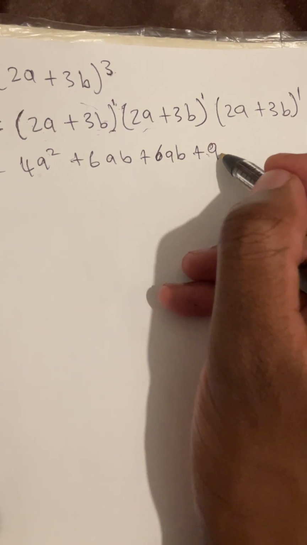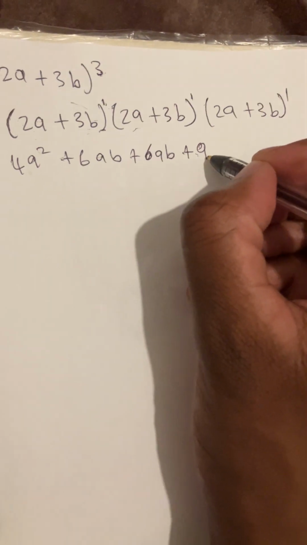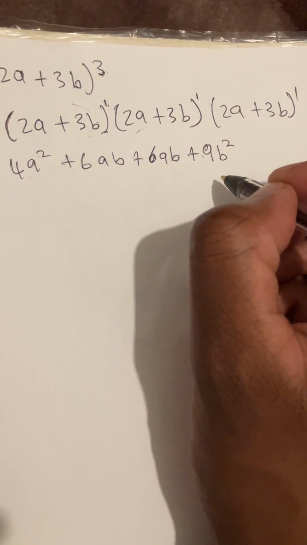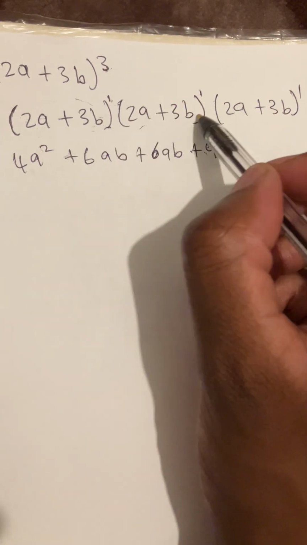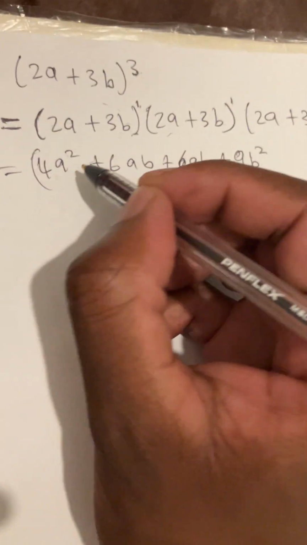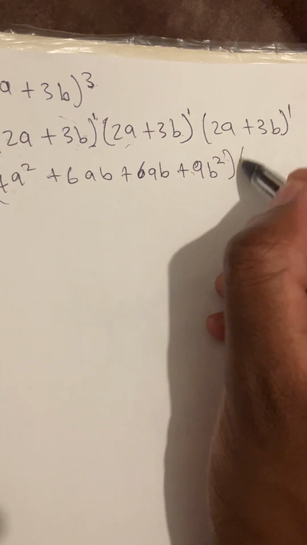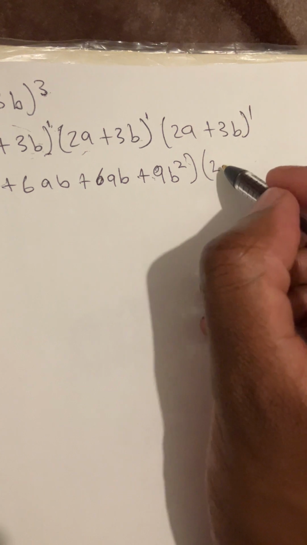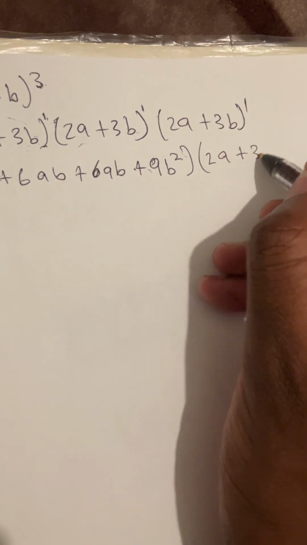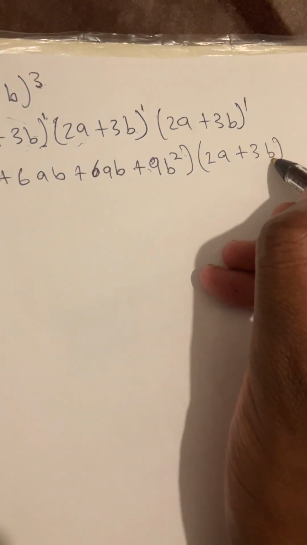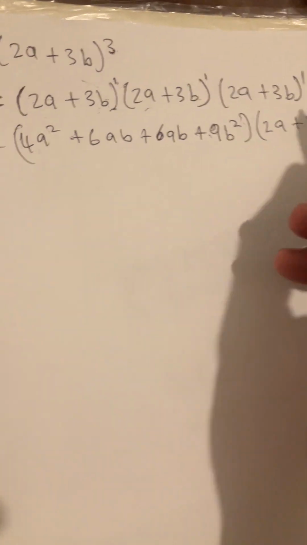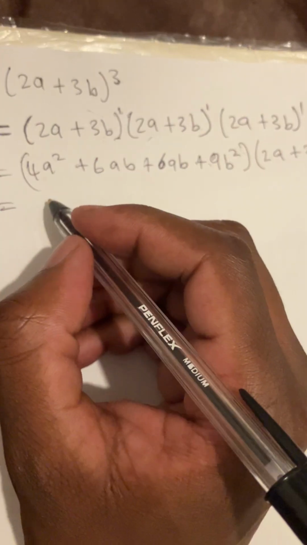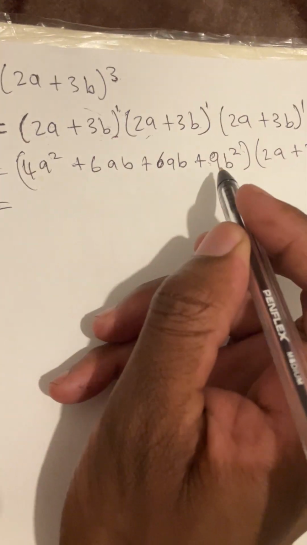That's 9. 3 times 3 is 9, right? It's gonna be 9b squared. Then we put this whole thing in brackets, right? So that we can multiply it by our last bracket here. It's gonna be 2a plus 3b, right?